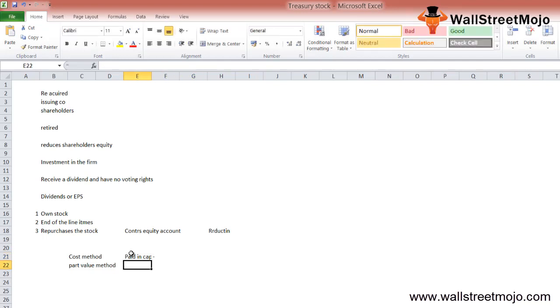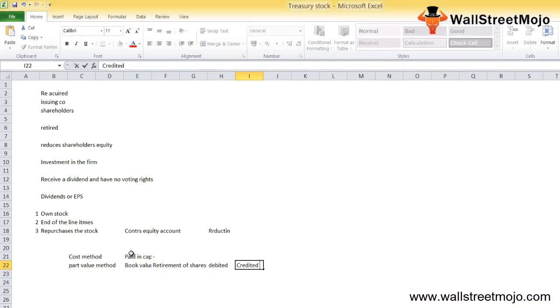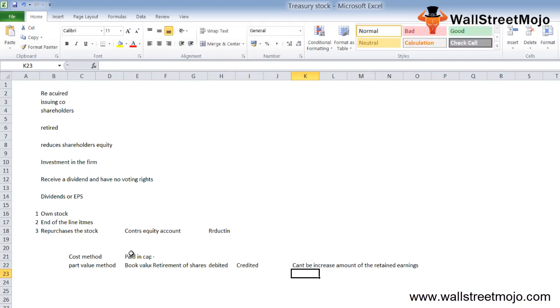Under the par value method, during the repurchase, the books record it as a retirement of shares, thereby the common stock is debited and the treasury stock is credited. But in both methods, the transaction related to the treasury stock cannot increase the amount of the retained earnings.